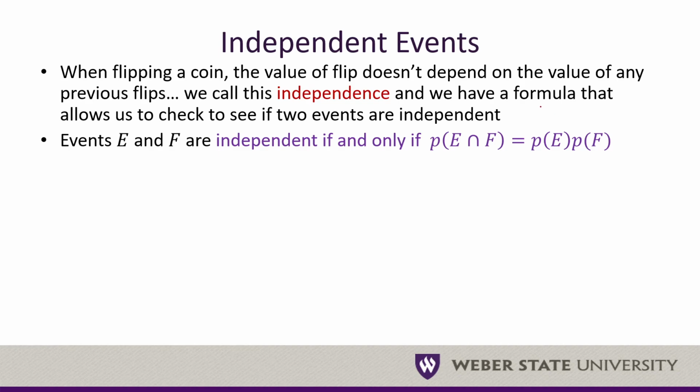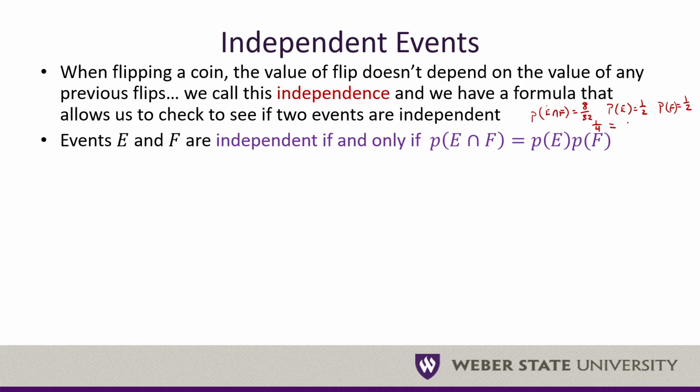What we saw on the previous slide was that the probability of E intersect F was equal to 8 over 32, the probability of E was equal to 1/2, and the probability of F was equal to 1/2. 8/32 is 1/4.